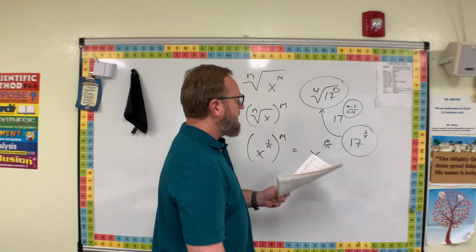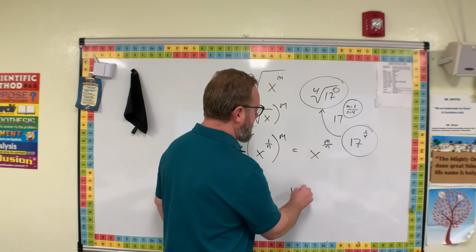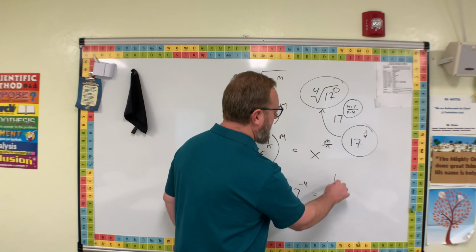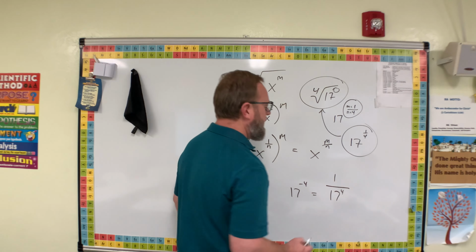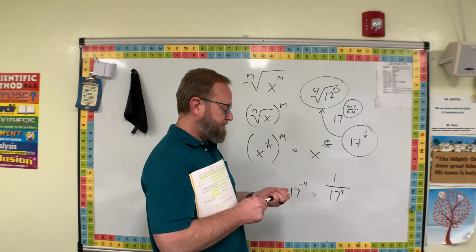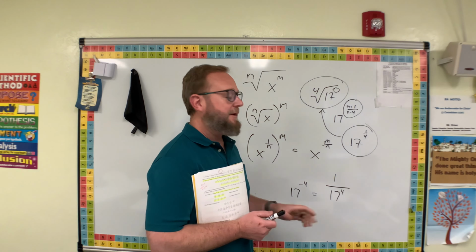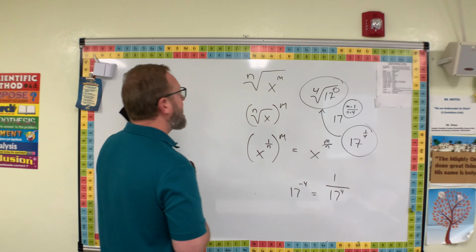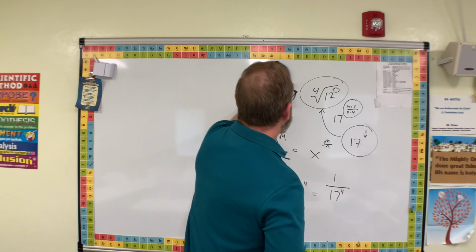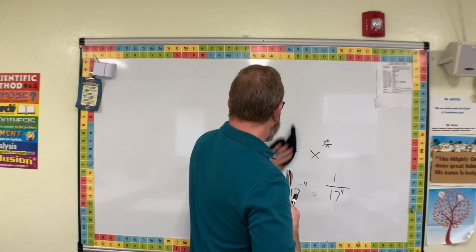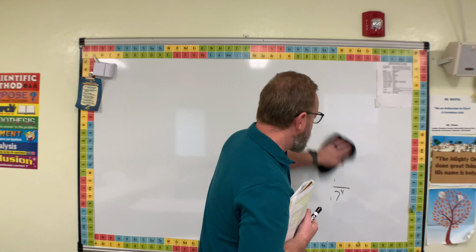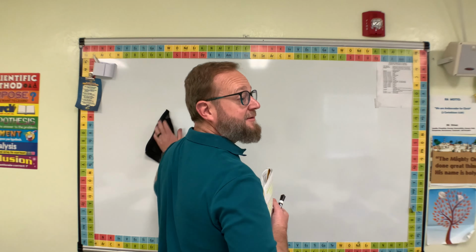Meaning like this, like 17 to the negative 4 is equal to 1 over 17 to the 4th. Yeah, that's what I was thinking. Good. Yeah, that's a good thing to remember. Negative exponents, fractional exponents. Do you think we'll ever have imaginary exponents? I already have imaginary exponents. Maybe we will.